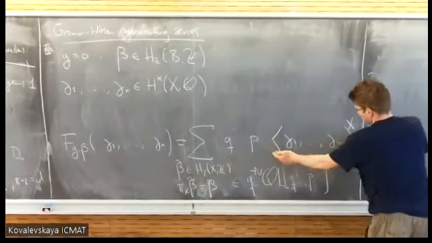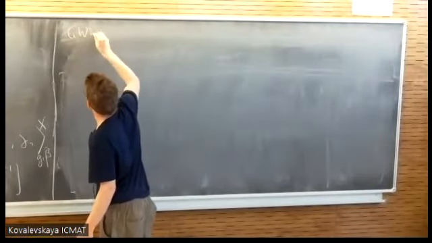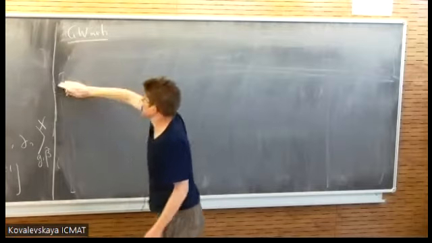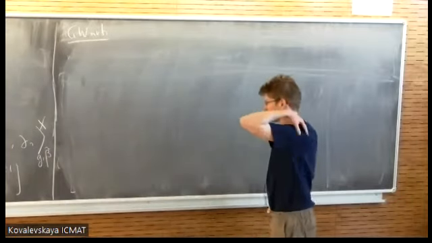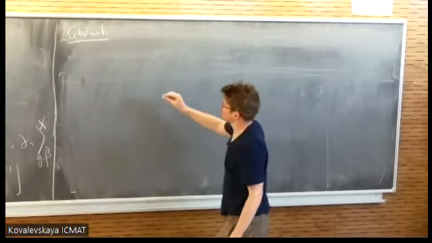Okay, so let me first quickly say what the Gromov-Witten invariants are. And this is in some sense impossible because there are a lot of technicalities that go into it.